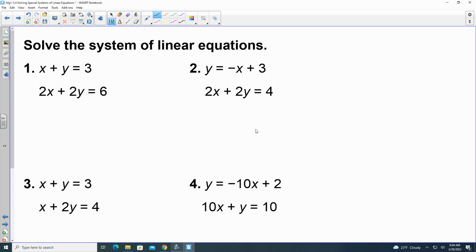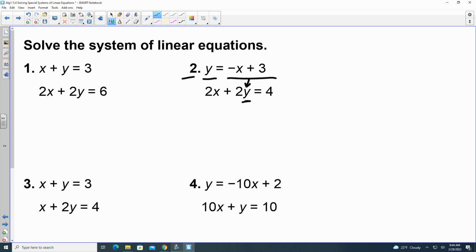Here are some other examples. Let's take a look at number 2. So number 2, I'll do a substitution here because it's already y equals. So I'm going to substitute y into the second equation.